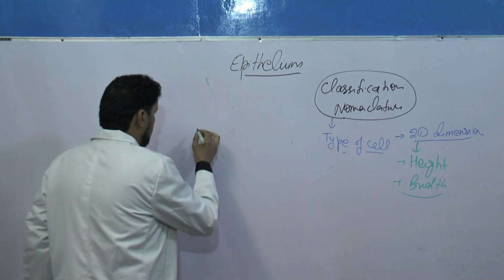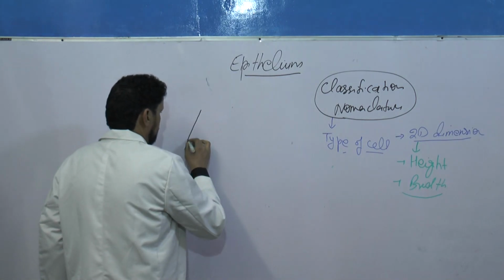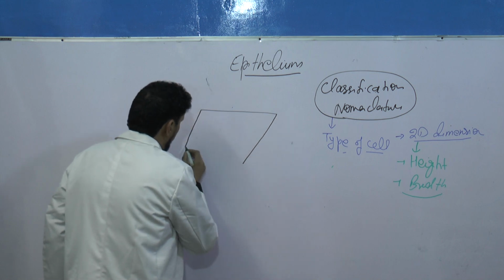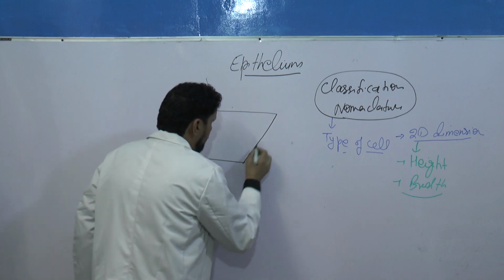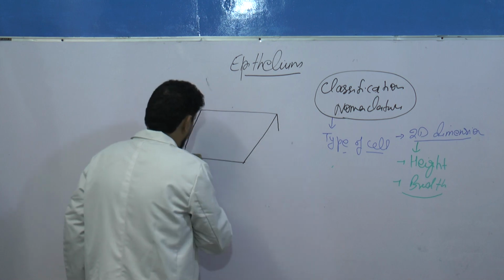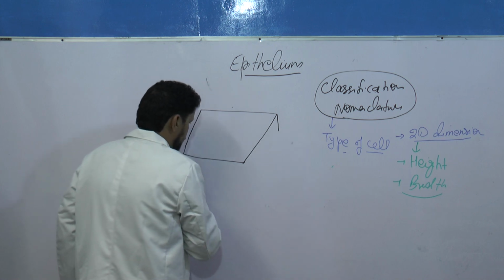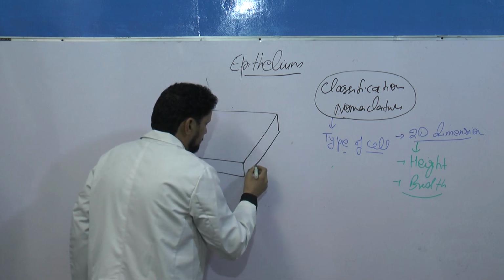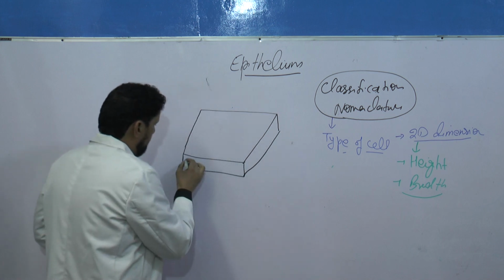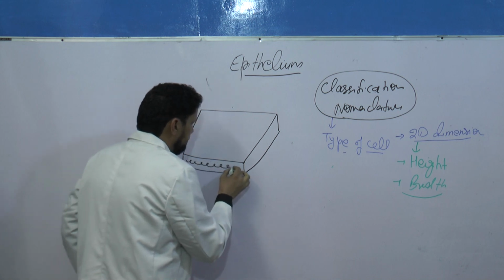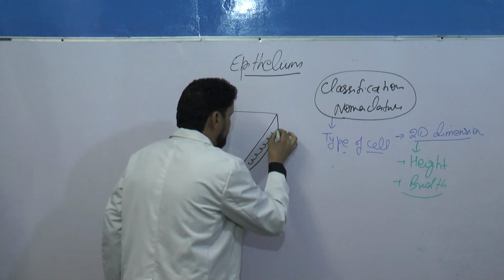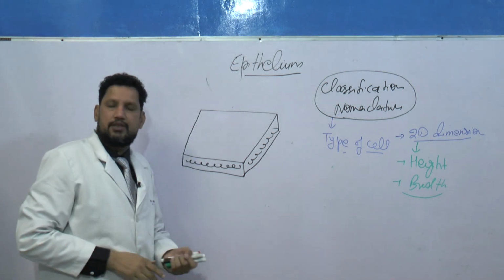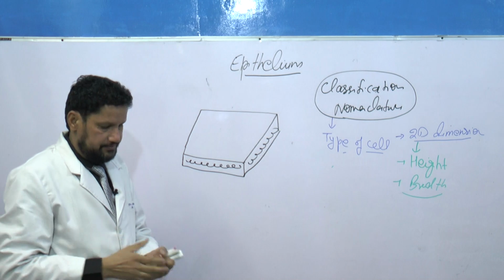we see the section here. This is the section of the epithelium. This is extracellular matrix, or simply we can say the cells are resting on the membrane.